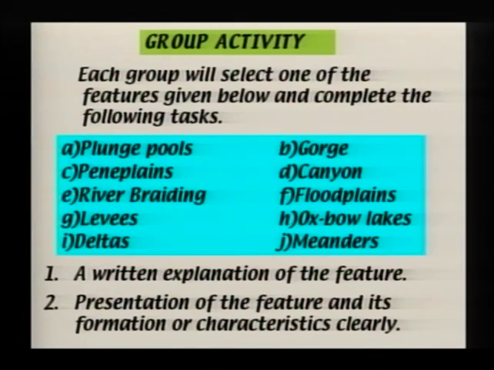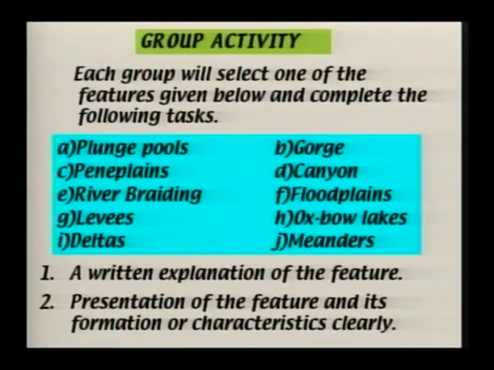That's number 1. Number 2, you are going to present the feature that you will be given to work with, and your presentation should include putting that feature on a chart so that the other students are able to know how that particular feature is formed.